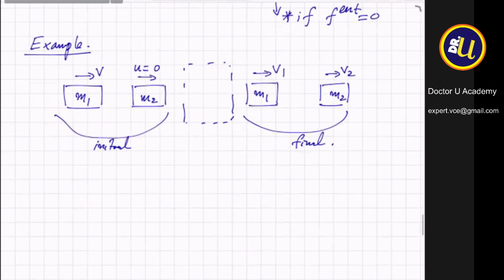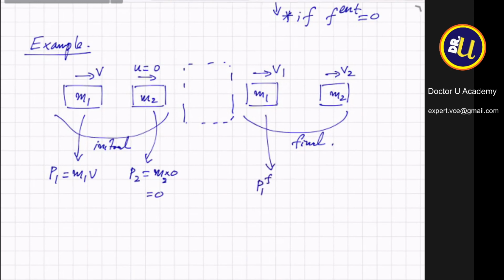Now individually we will look into the momentums. The momentum of this one, P1, would be m1 v, the momentum of this one, P2, that would be m2 times 0, right, which is 0. So similarly here the momentum would be P1 final, P1 final would be m1 v1, and P2 final, that would be m2 v2.